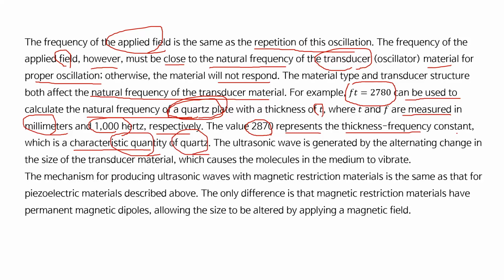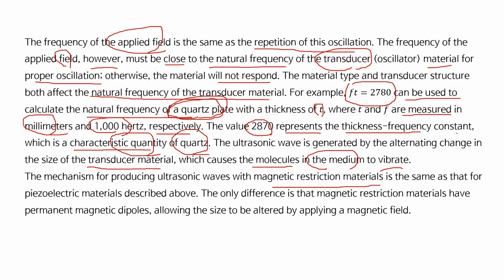The ultrasonic wave is generated by the alternating change in the size of the transducer material, which causes molecules in the medium to vibrate. The mechanism for producing ultrasonic waves with magnetostrictive materials is the same as that for piezoelectric materials described above.